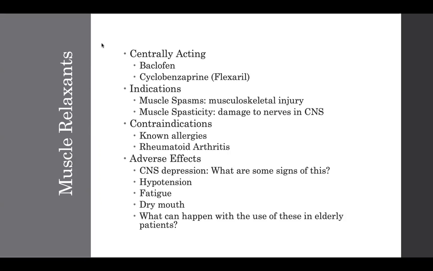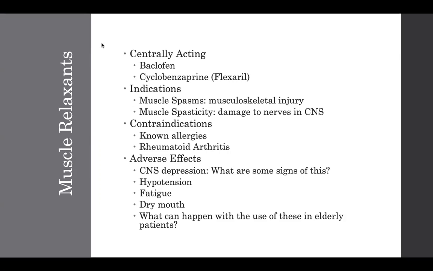So can anyone tell me what can happen with the use of these in the elderly population? Respiratory depression? Not quite. So kind of specifically to muscle relaxants and centrally acting muscle relaxants, in the elderly population, you can see confusion as a result of using these.